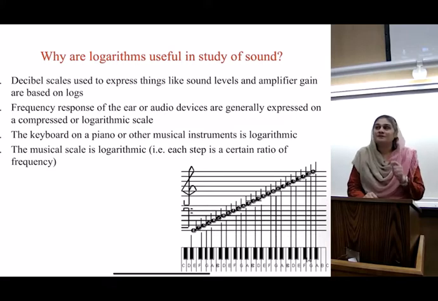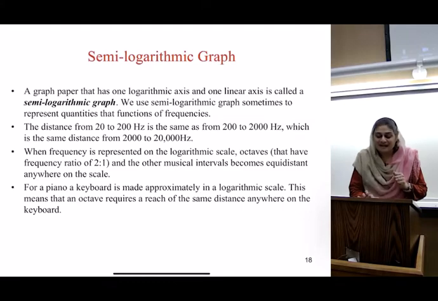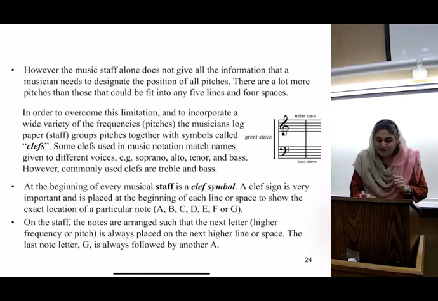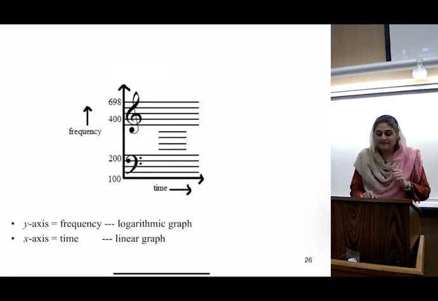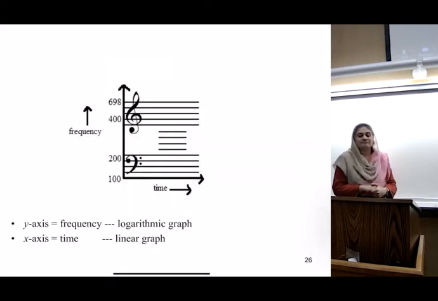So instead of using a linear to linear scale, the musical staff, and I'll show you how it works, is actually, when you look at your staff, look at this. The scale of these are actually logarithmic.